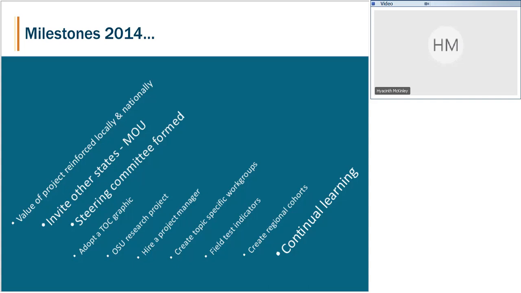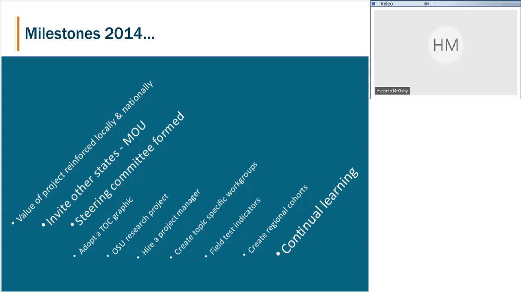So just to put it in perspective, we started this process in 2014 with trying to create the value for the project. We invited the other states to do so, and they shared in, and we created a steering committee, which was comprised of representatives from each state that processes and accepts the CSBG funds, the executive director leadership of the CAP association of each state, and also the overarching agreement at the Region 10 level.